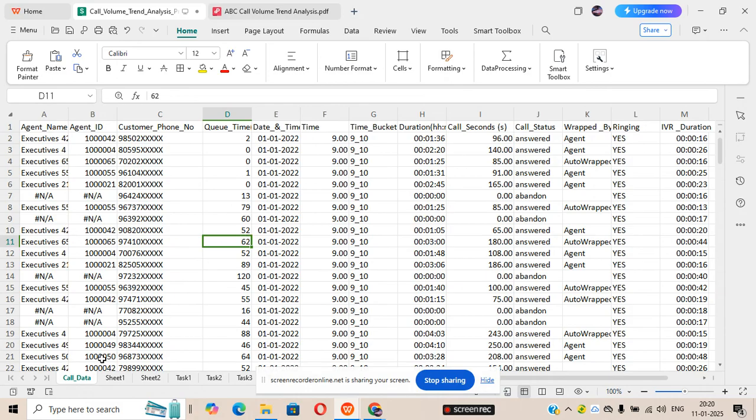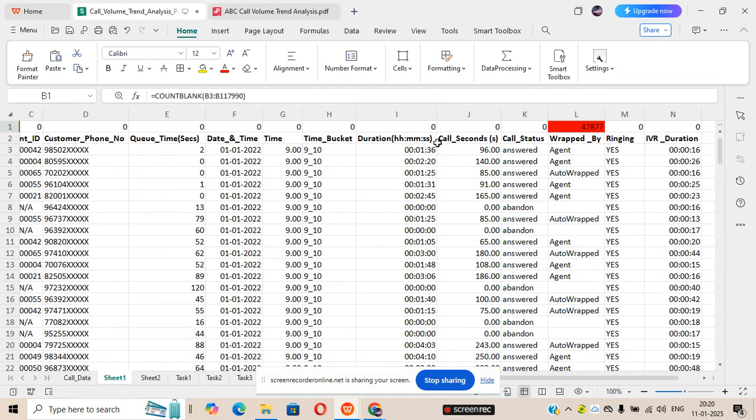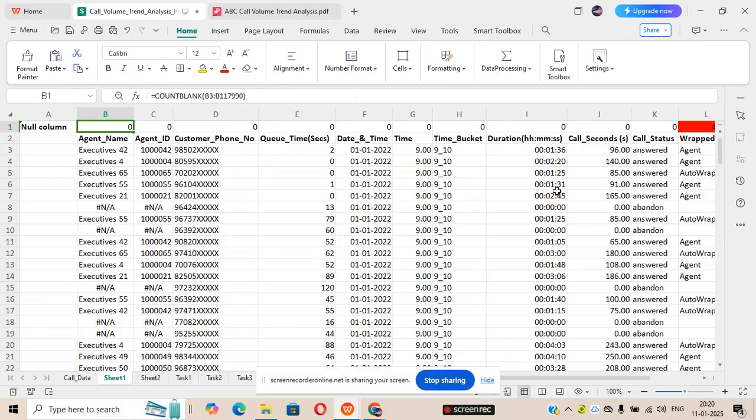The first task I did was to calculate the number of blank cells in all the columns. We only have blank cells in the wrapped by column alone. Others didn't have any null values. The blank cells were calculated using the count blank function.